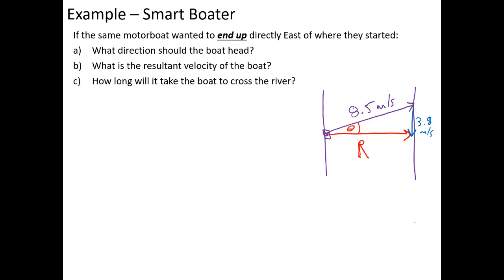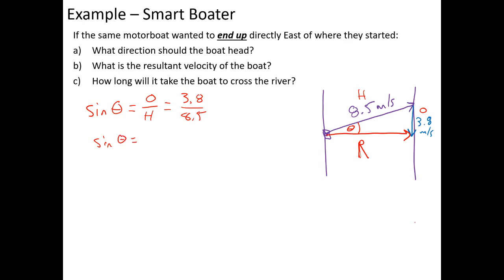So what direction should the boat head? I'm going to look at the two letters O and H, because 3.8 meters per second is the side opposite theta, and we are given 8.5, which is our hypotenuse. So the sine of angle theta is 3.8 over 8.5.